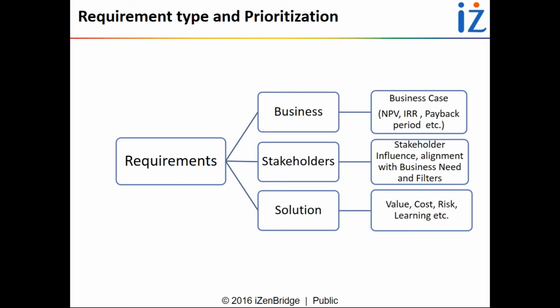At different levels, different stakeholders want to prioritize based on their own perception, and as a business analyst, you need to work with them, you need to influence them on the basis of facts and data, which will help them align with the ultimate business goal.